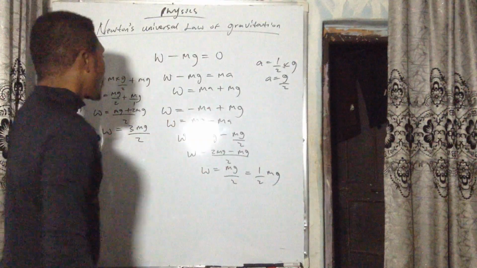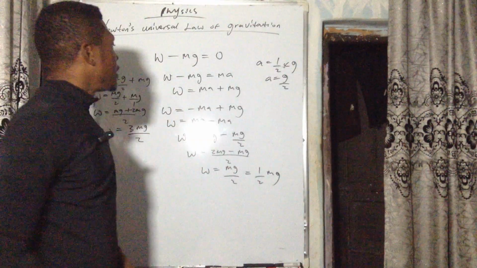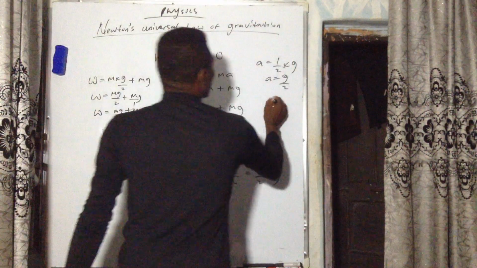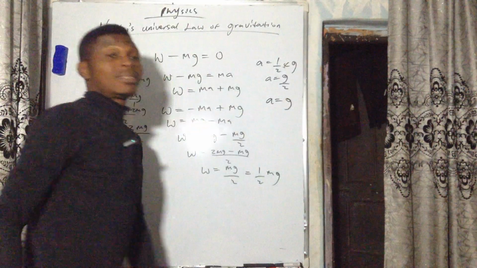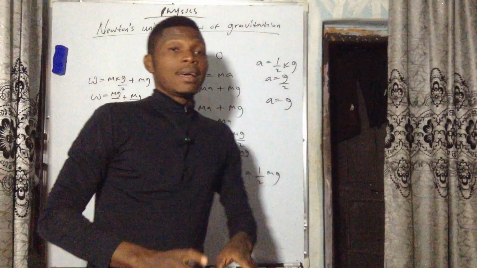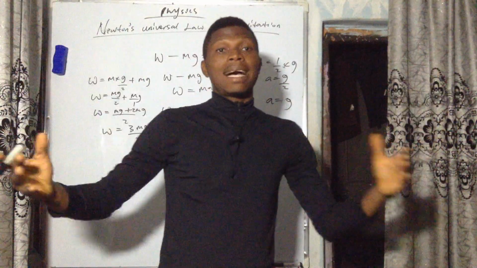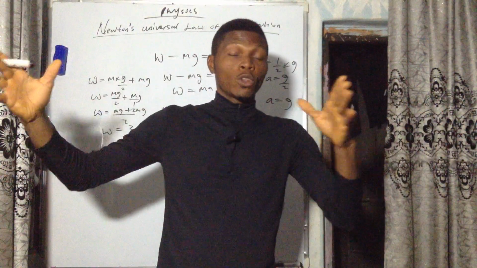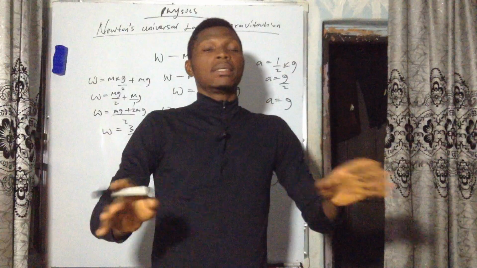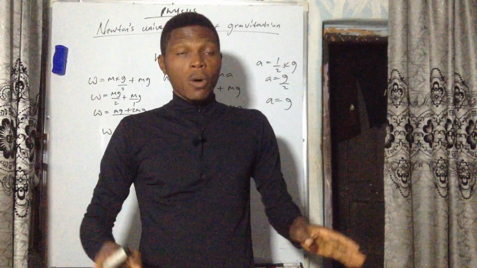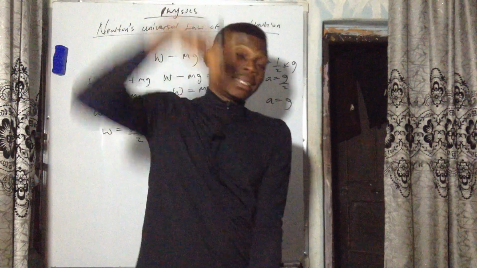So now, what about the case whereby the acceleration is equal to g? That is, the mechanism that holds the elevator to its walls has been neutralized, such that the elevator is now falling down.